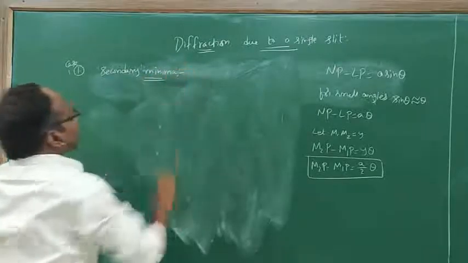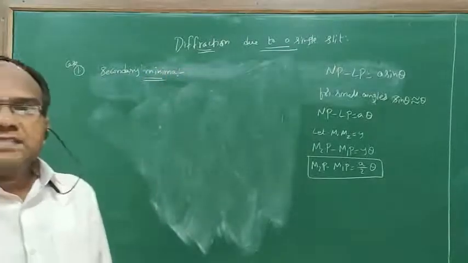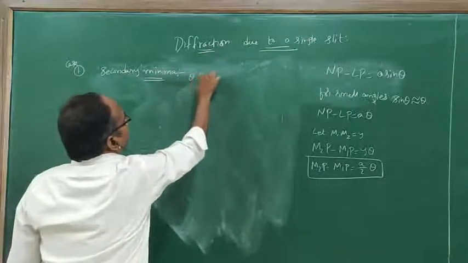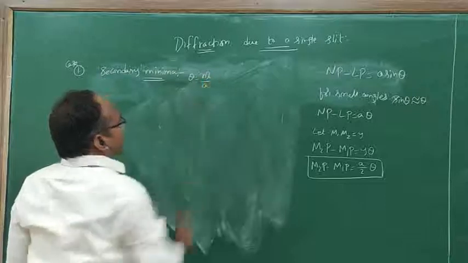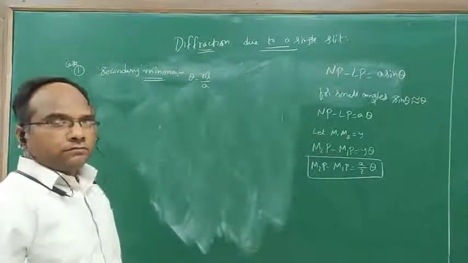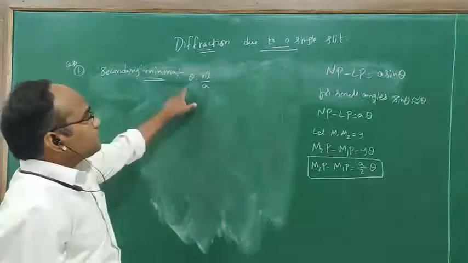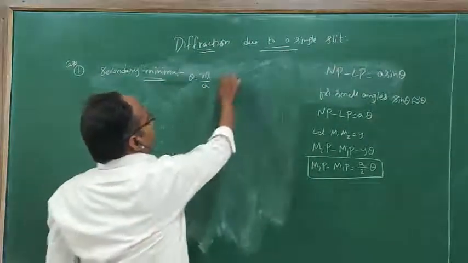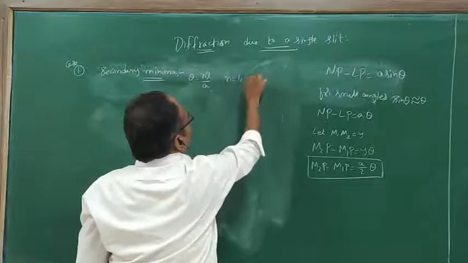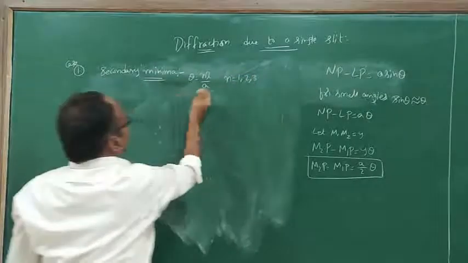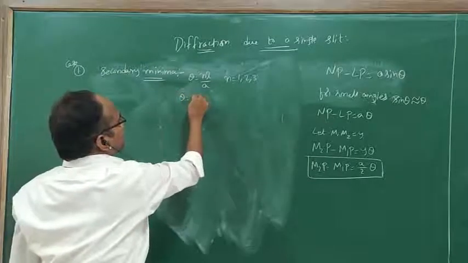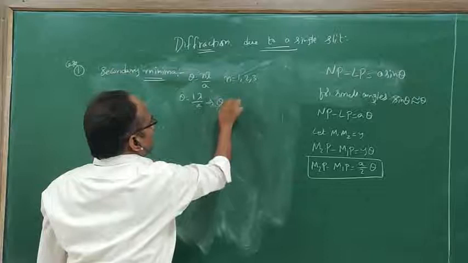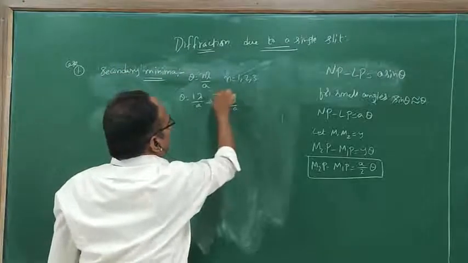For secondary minimum, what is the value you should write? Theta is equal to n lambda by a. Here n is equal to 1, 2, 3 and so on. Therefore, theta is equal to 1 into lambda by a, so theta is equal to lambda by a.